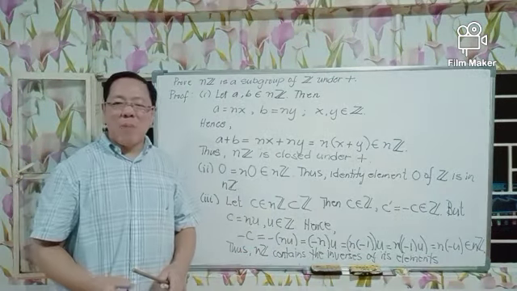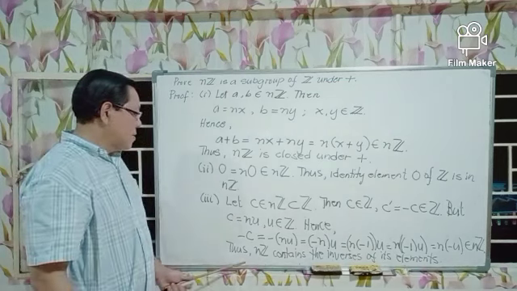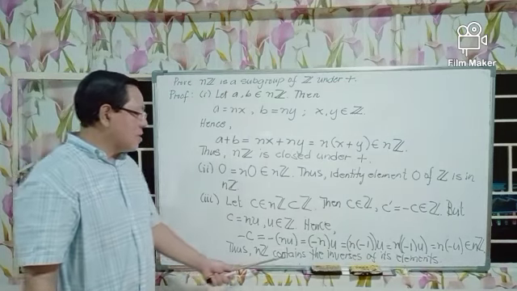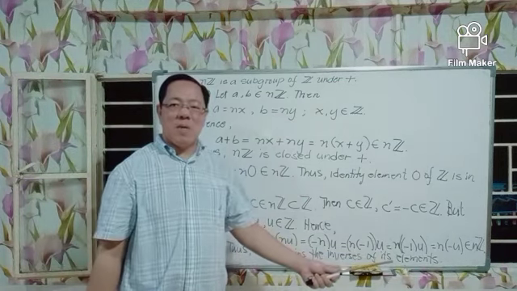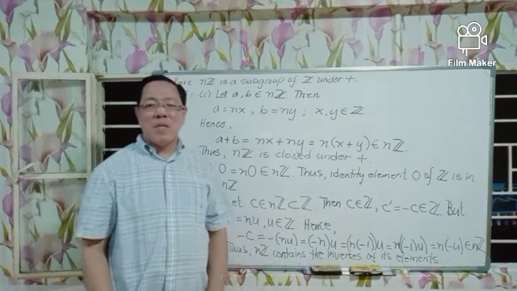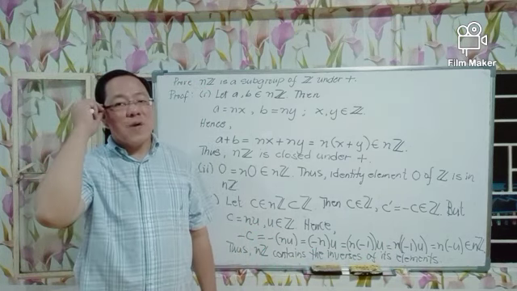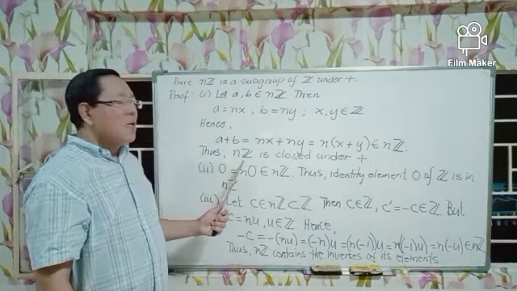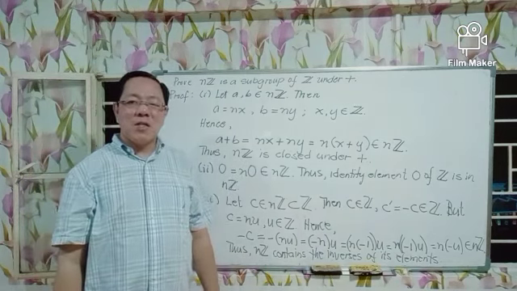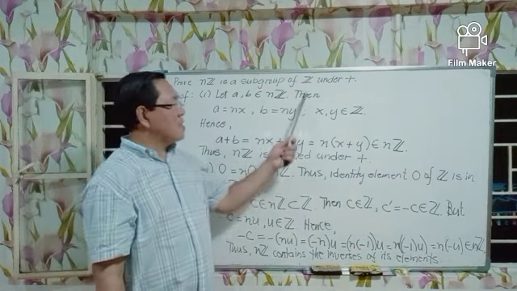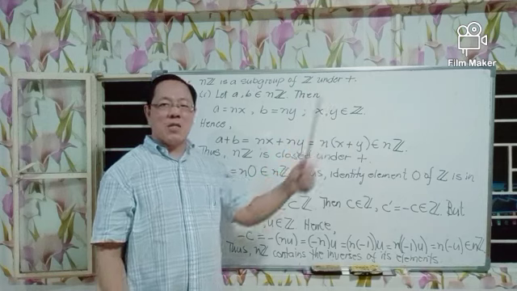And for the third property, we conclude that nZ contains the inverses of its elements. And because the three properties of a subgroup are satisfied by the elements of nZ, we conclude that nZ under addition is a subgroup of the set of integers under addition.